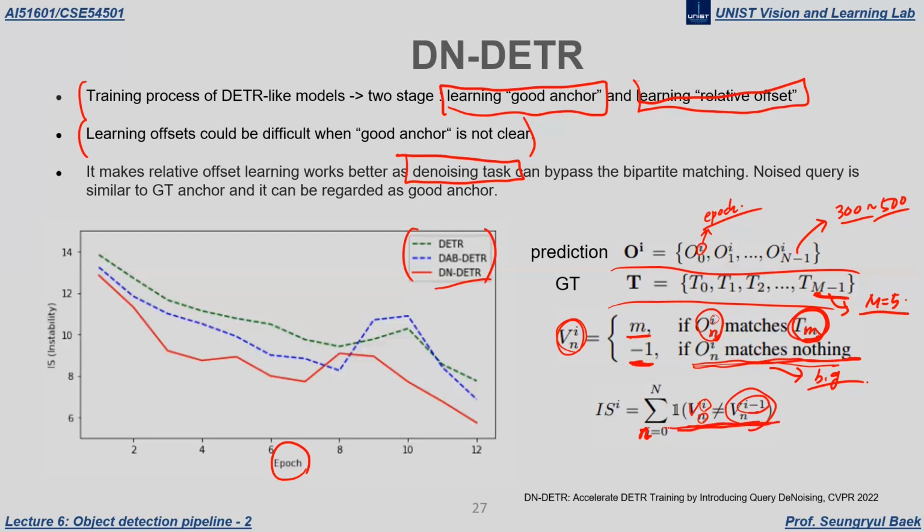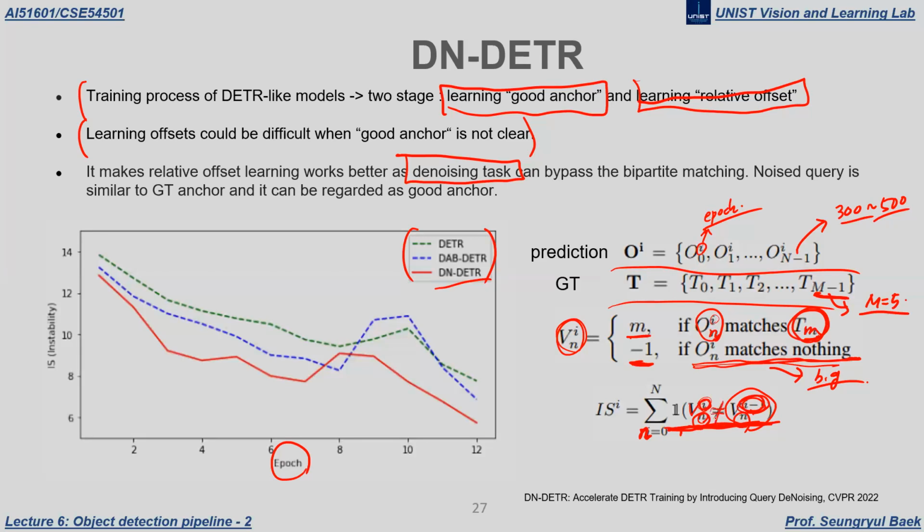So this is indicating that for that object query, the I-th and (I-1)-th bipartite matching results were changed.